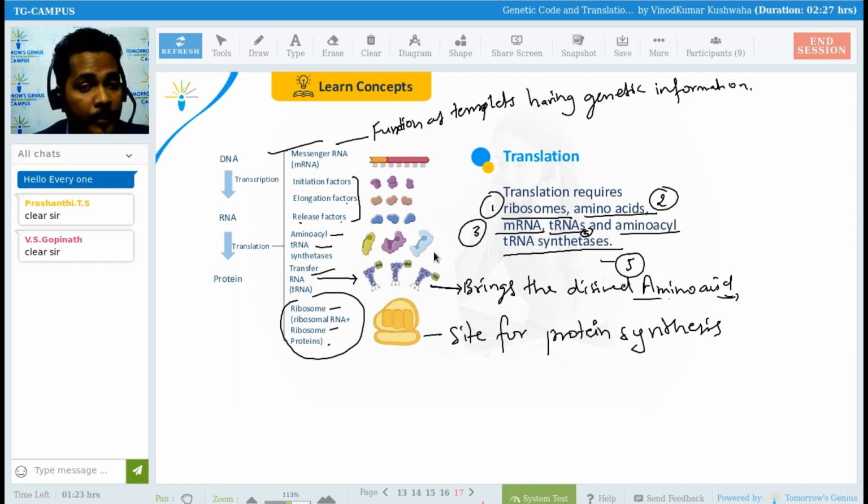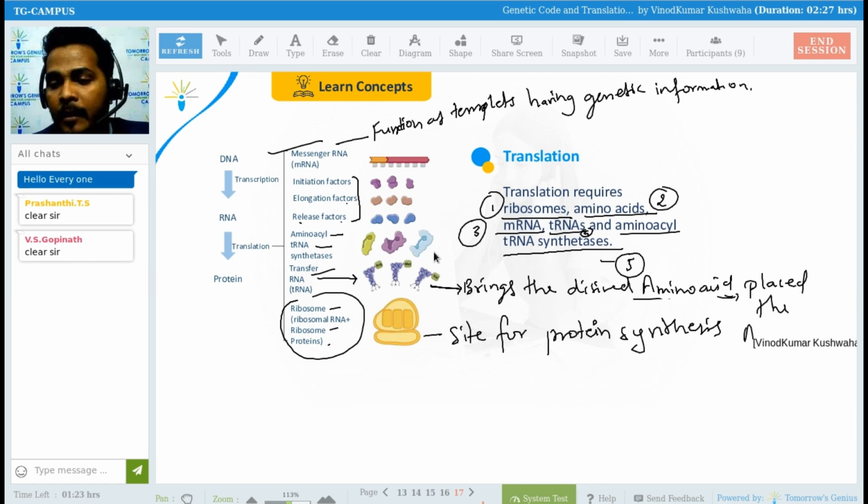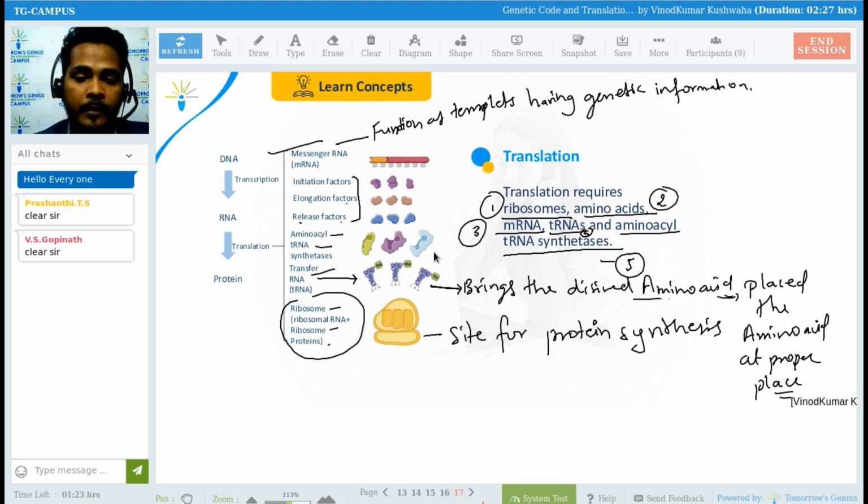Also, it reads the genetic information and places the amino acid at the proper place. Is this clear?